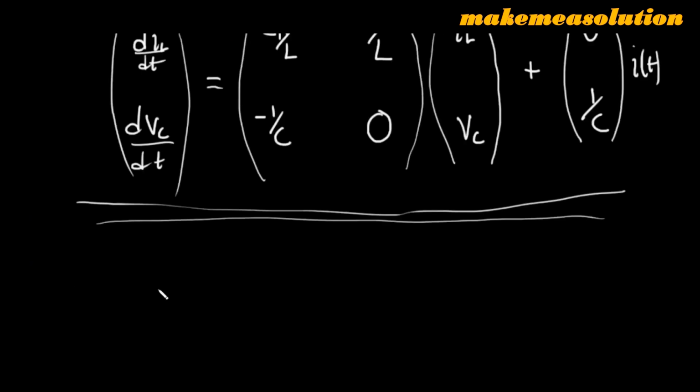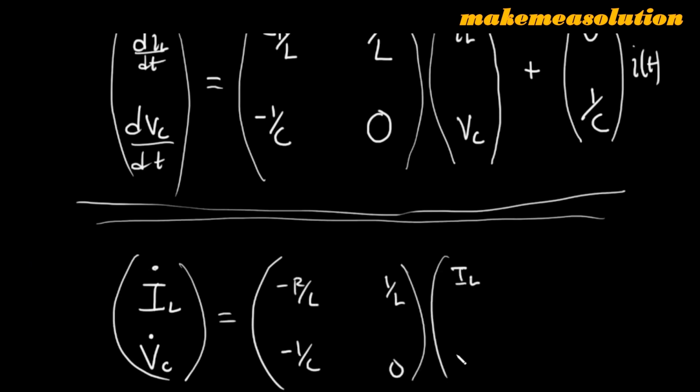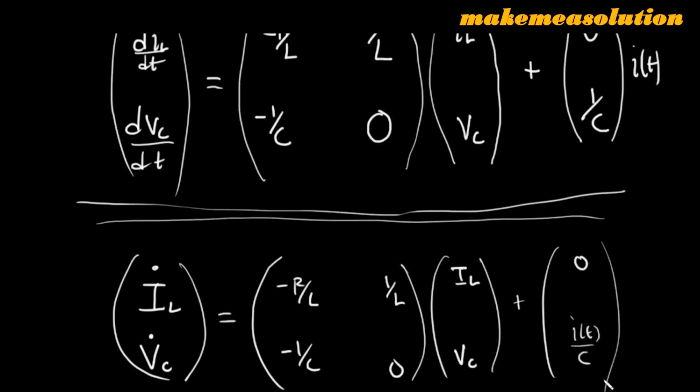So you can call it IL dot, VC dot, is equal to negative R over L, minus 1 over C, 1 over L, 0, times IL, VC, plus 0 and 1 over C times I of t. Some people like putting I of t divided by C here, or you could just put it as 1 over C times I of t.